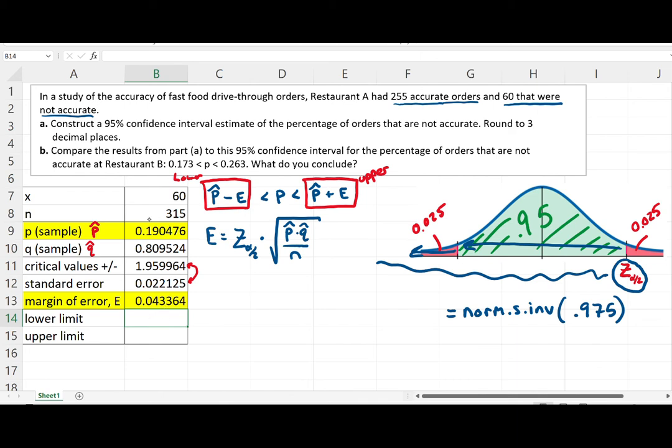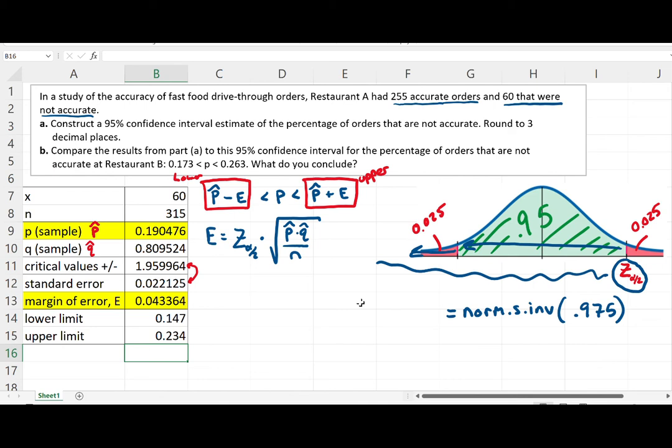And then for the upper limit, we take the sample proportion plus the margin of error. So let's say equal sample proportion minus B13, and then for the upper limit, sample proportion plus the margin of error, B13.